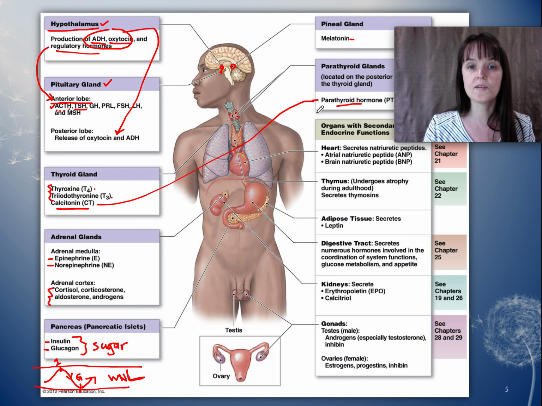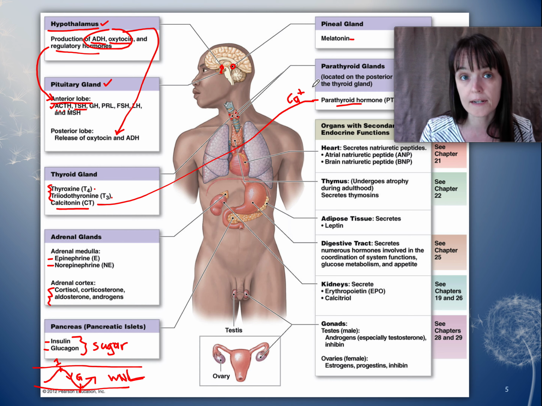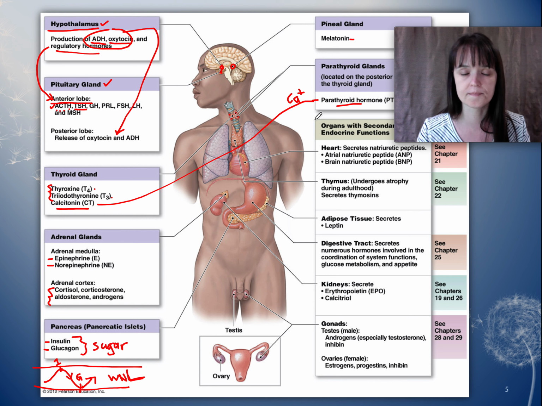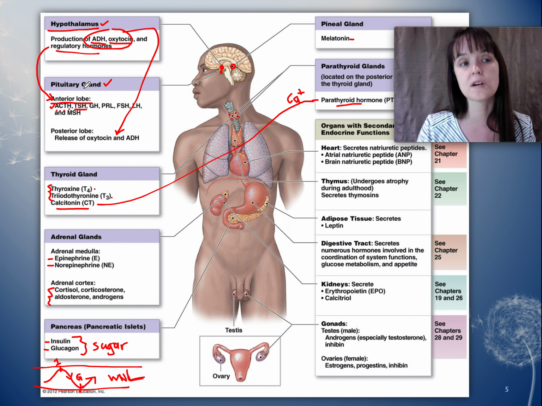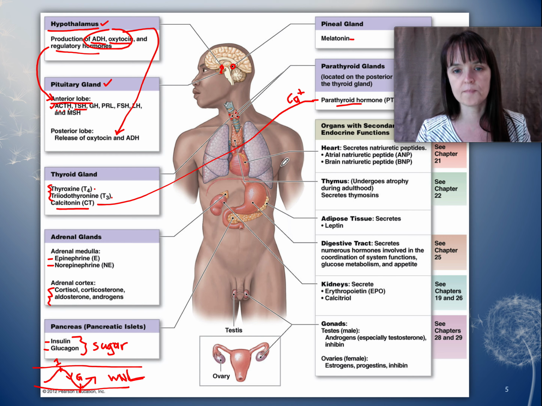And the calcitonin and parathyroid hormones work together for calcium homeostasis to keep your blood calcium ion levels within a normal range. Very important. And so those aren't controlled by the pituitary gland. These pancreatic hormones and these two calcium homeostasis hormones are among the independent contractors that we were talking about.